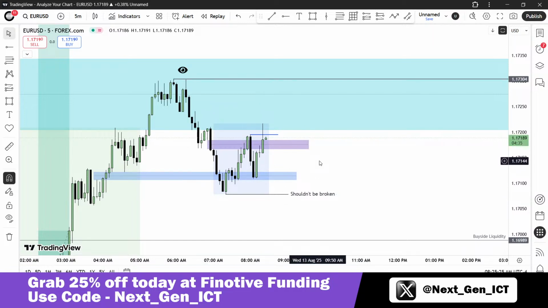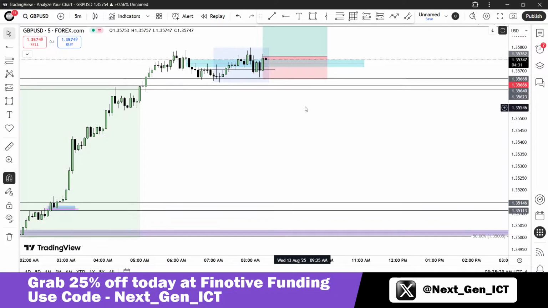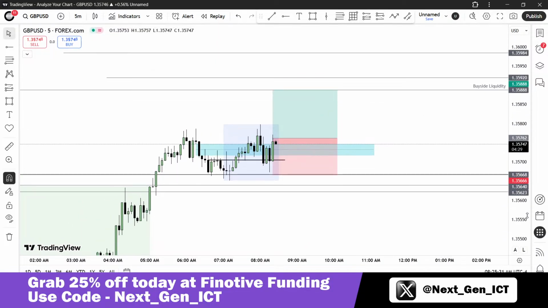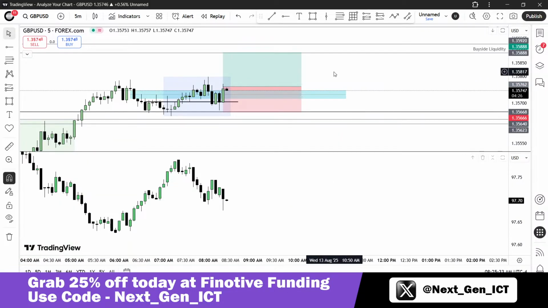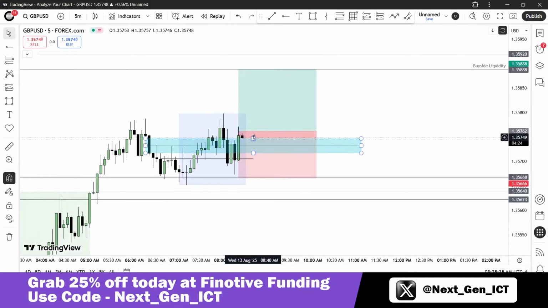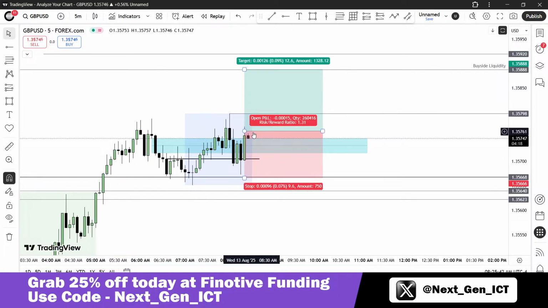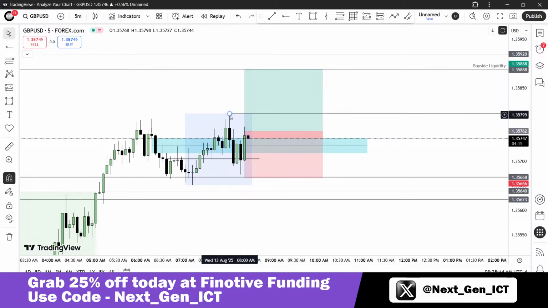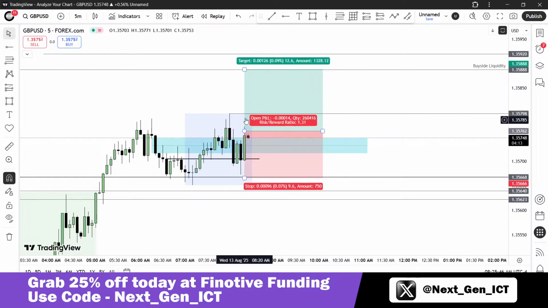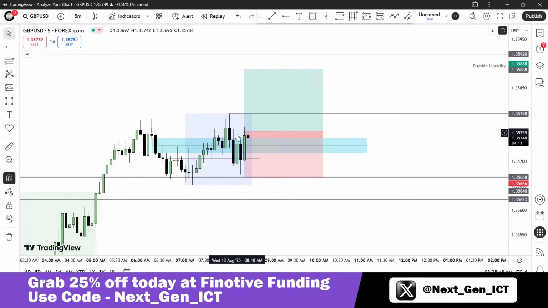What I don't want to see, by the way, for GU, is a swing high from below this high. This candle should take out that high. If it doesn't, then it's probably gonna take out this low also.